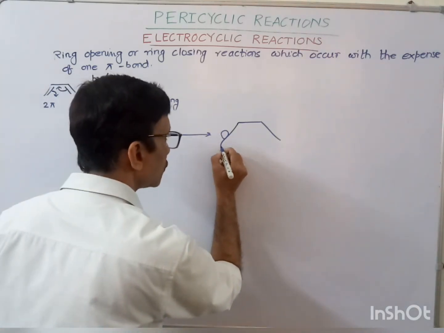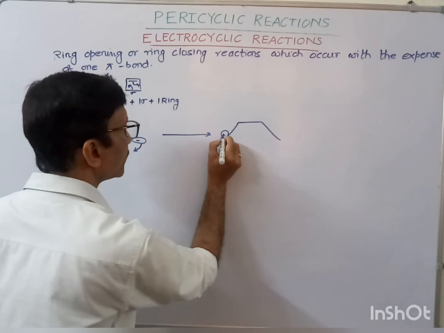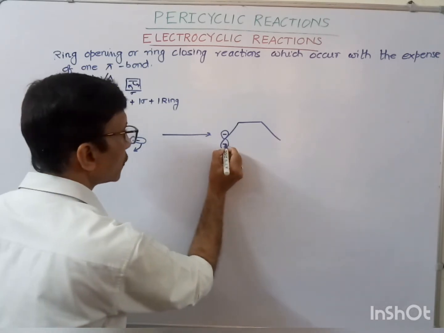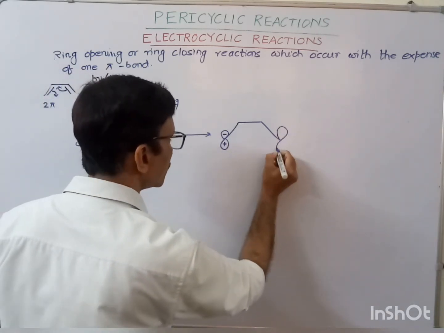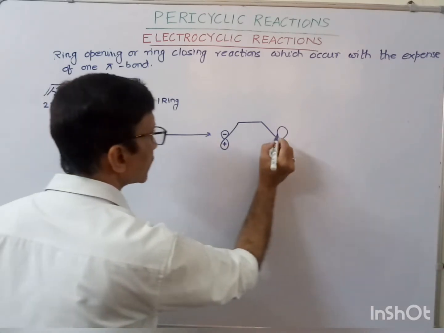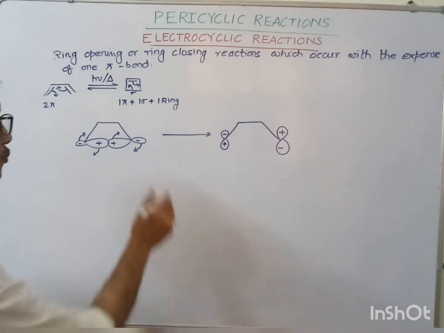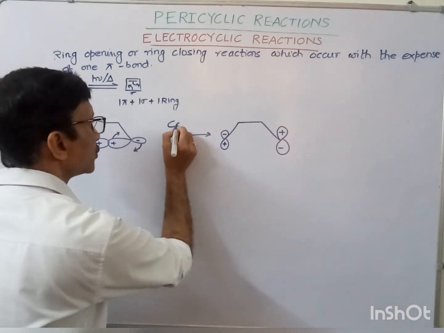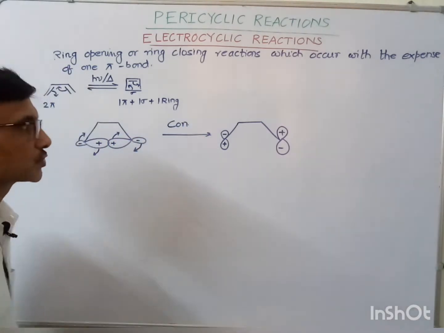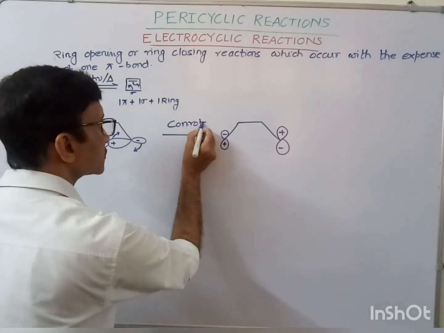So this minus is coming up and this plus is coming down, and here plus is coming up and minus is coming down. So this is the conrotation of these orbitals.